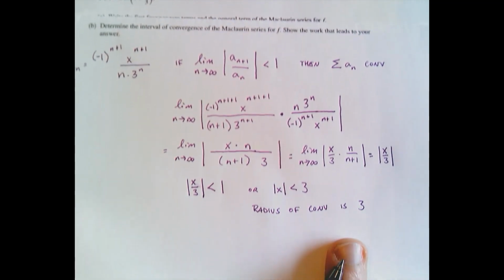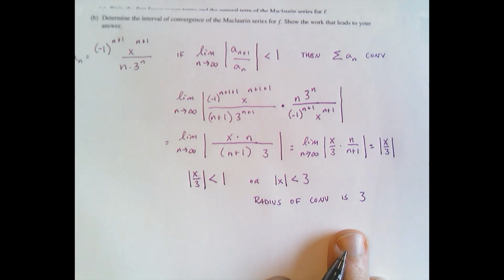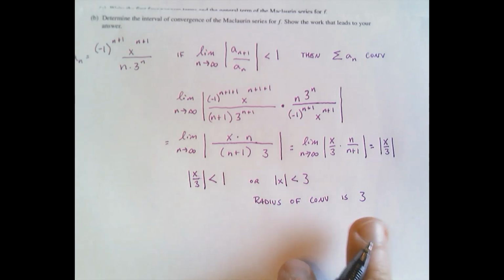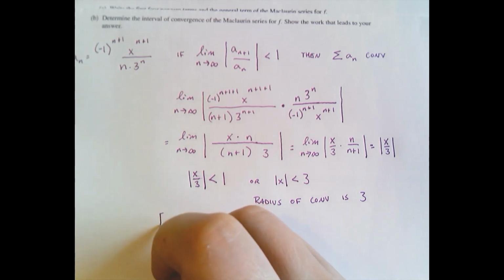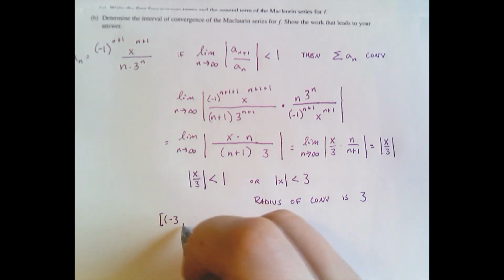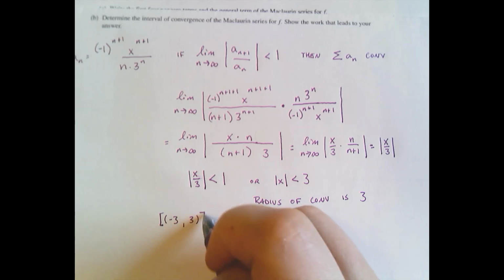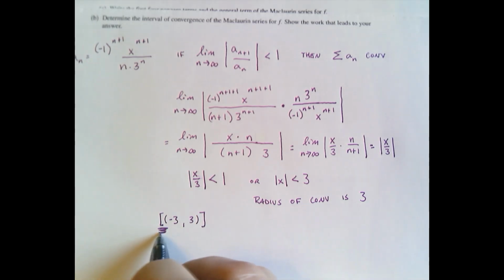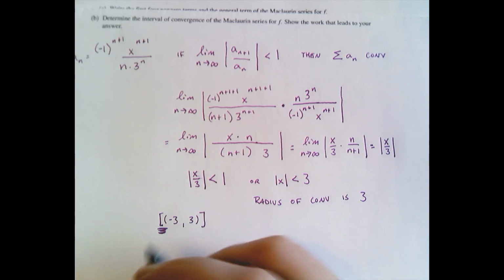So to determine the interval of convergence, we're going to need to test both sides. So in theory, we have from -3 to +3, and we're testing whether or not to close that interval. So we're going to test each one of those.